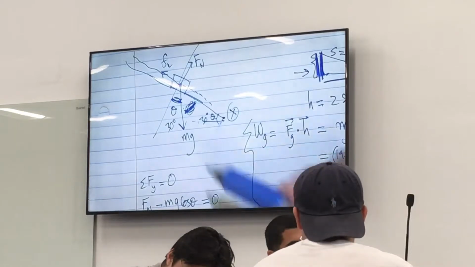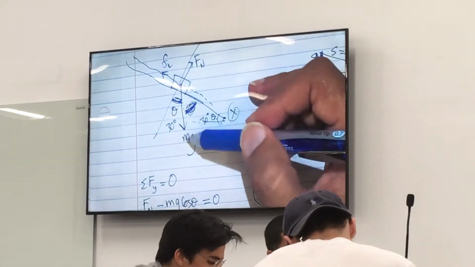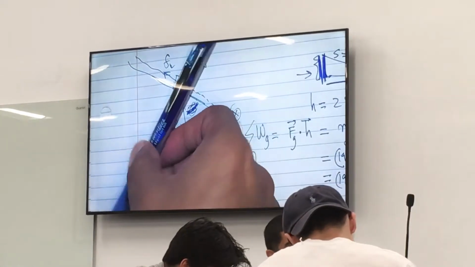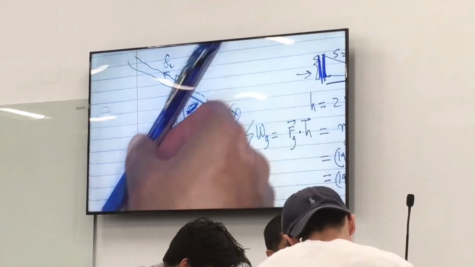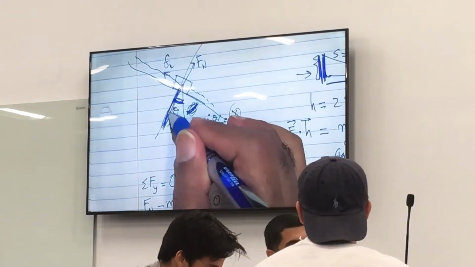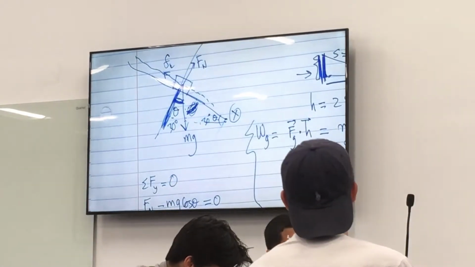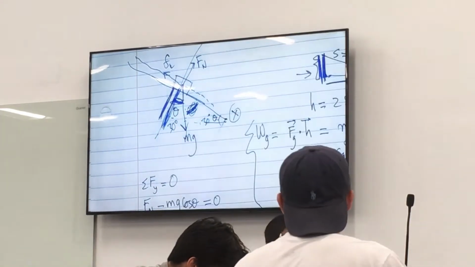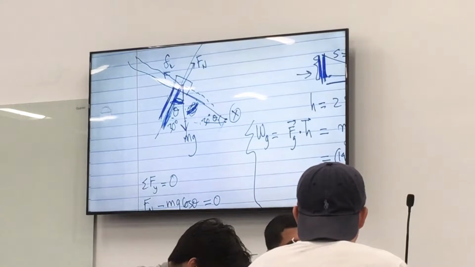One is the normal, and the other is mg. Mg is not along y, so you have to get the component. When you get the component, that would be the adjacent component, and that's why you have cosine of that angle. Mg cosine 30 would be there. Okay. So Fn is mg cosine theta.